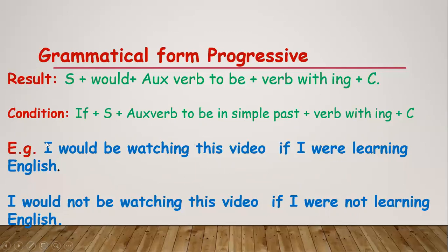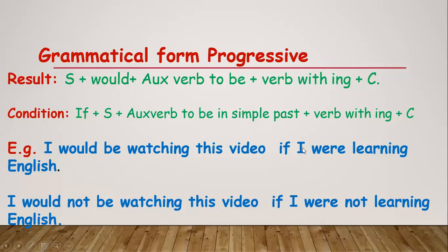Entonces, I would, miren, subject, would, auxiliary verb, be, miren que como es would, aquí tendría que ir en infinitivo. Be, no conjugado. Entonces, auxiliary verb to be. Verb with ing, watching. And complement this video. Okay, so the condition.